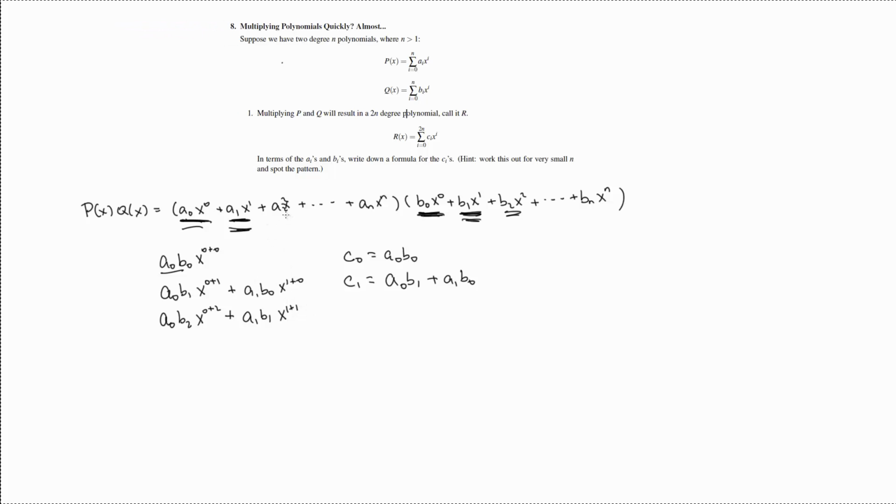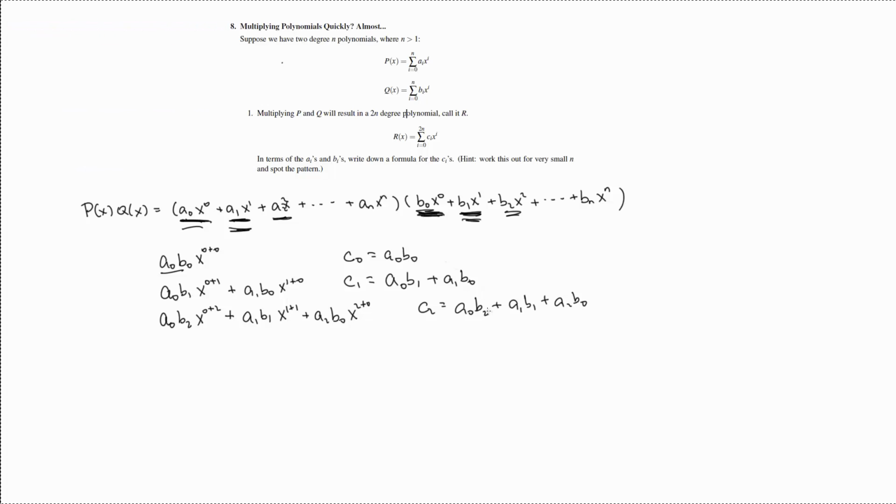We can also have the quadratic term times the constant term, which gives us a2 b0 x to the 2 plus 0. Thus c2 is equal to a0 b2 plus a1 b1 plus a2 b0.